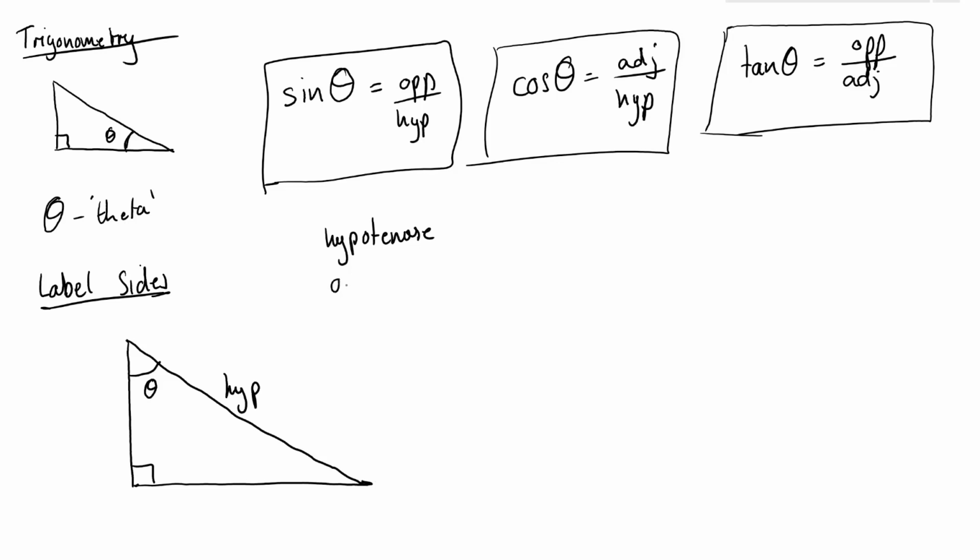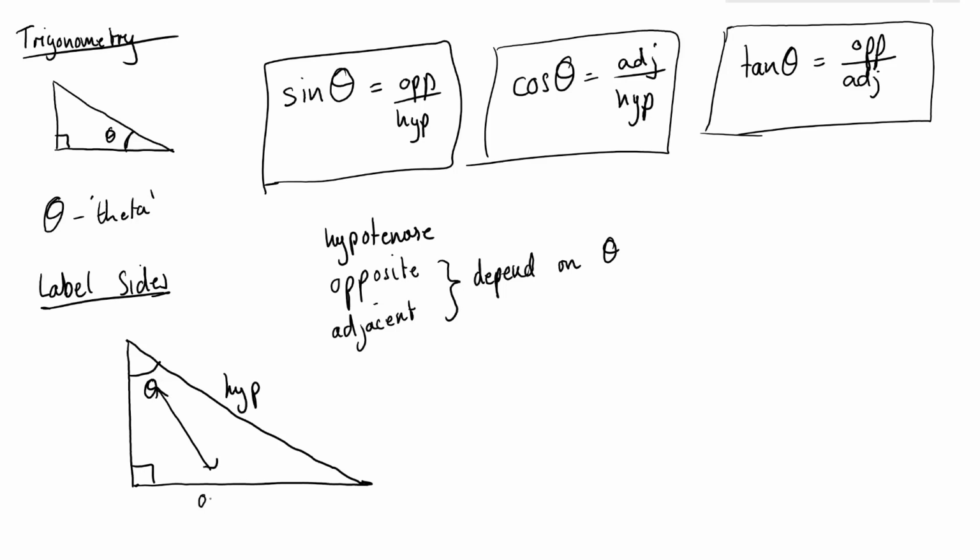Now, the opposite and the adjacent actually depend on the position of your angle. In this case, because our angle is in this top corner, if we use the literal meaning of the word opposite, we're looking for the side that is opposite this angle.